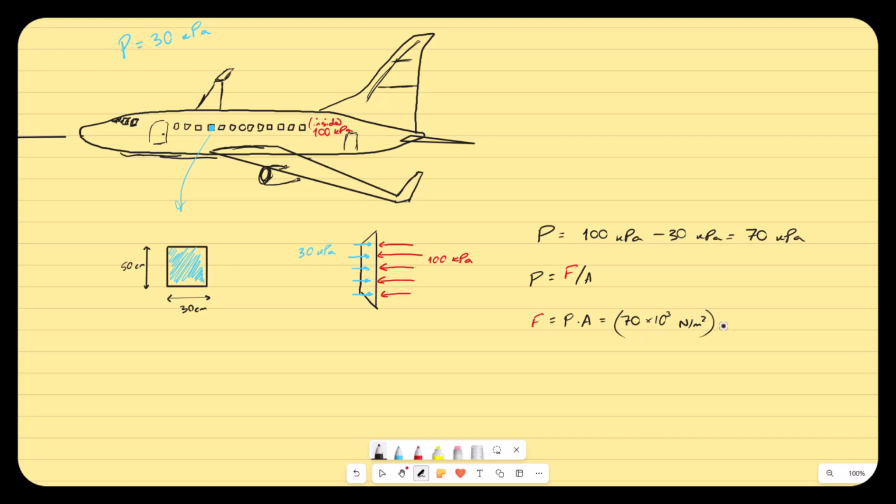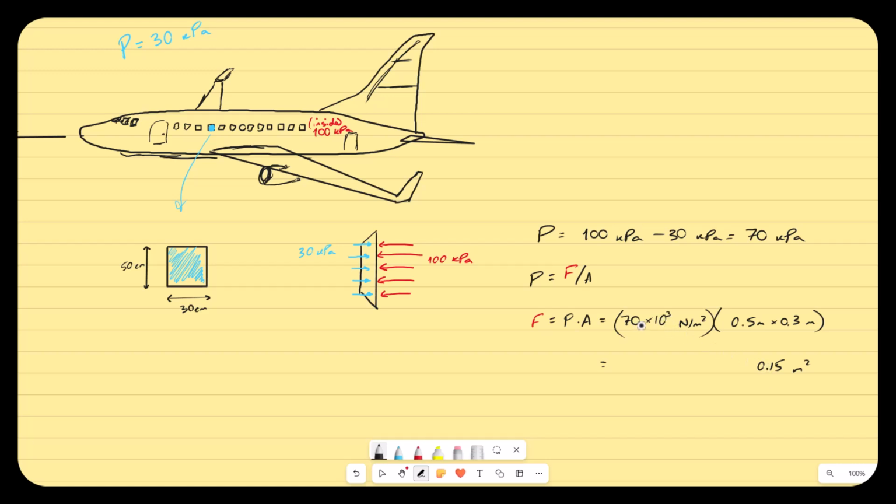I need to multiply that by my area. Area is length times width, so 0.5 meters times 0.3 meters on this huge window. And I get a total force of 0.5 times 0.3 is 0.15 square meters times 70 times 10 to the third.